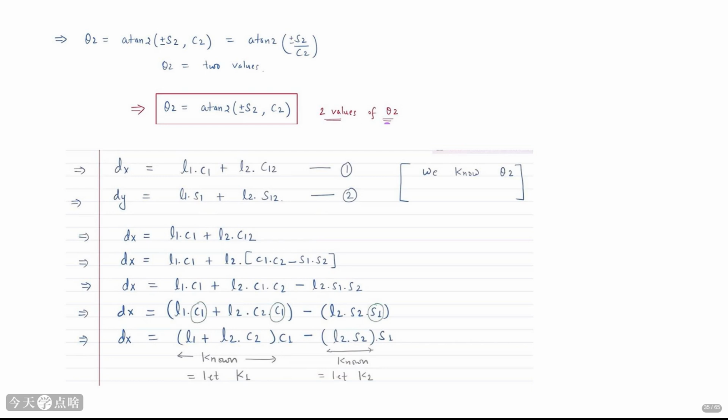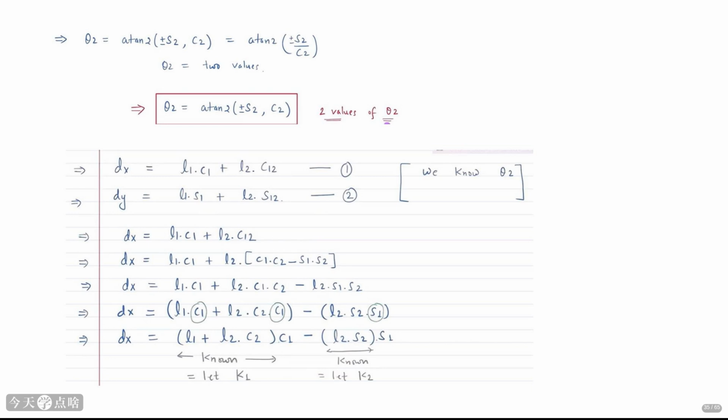Let's take the equation for dx. We can rewrite it using the cosine addition formula. Cosine of theta 1 plus theta 2 equals cosine of theta 1 times cosine of theta 2 minus sine of theta 1 times sine of theta 2. Substituting this into the equation for dx, we get dx equals L1 times cosine of theta 1 plus L2 times (cosine of theta 1 times cosine of theta 2 minus sine of theta 1 times sine of theta 2).